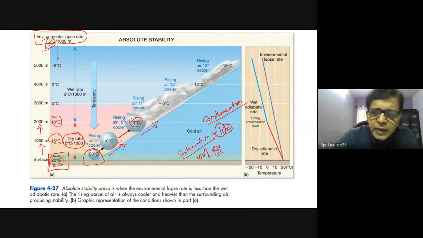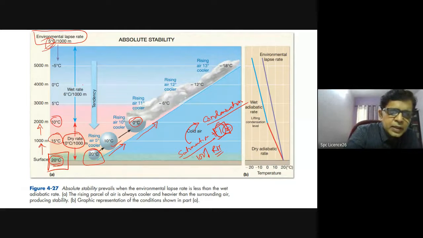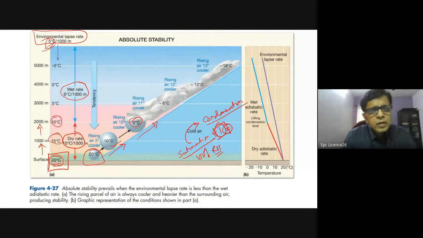Anything above this will lead to condensation. So saturation plus 1 is going to be condensation. When this is condensed, that means this is saturated. That it is saturated means that now the lapse rate is going to be the wet adiabatic lapse rate. So instead of falling at 10 degrees, it will fall at 6 degrees.